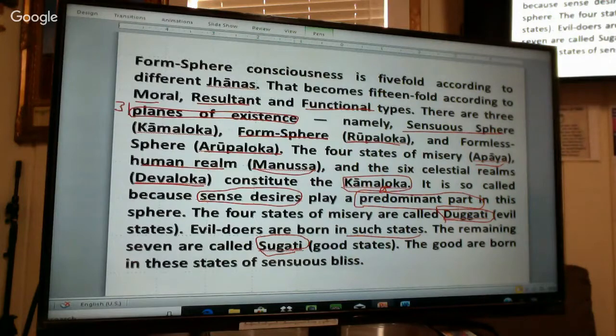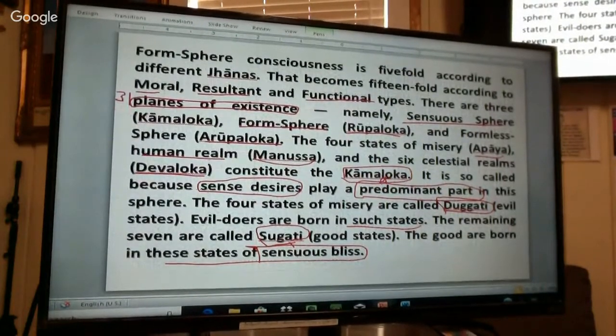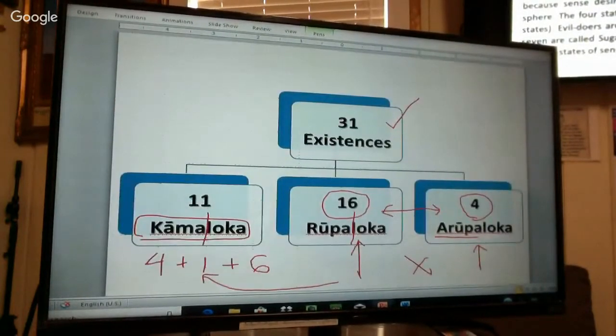Like this in Pali usage. So good persons are born in those states of the sensuous pleasure realms. We call it Sukhati. Okay, so today we learn only another stage, not these stages.